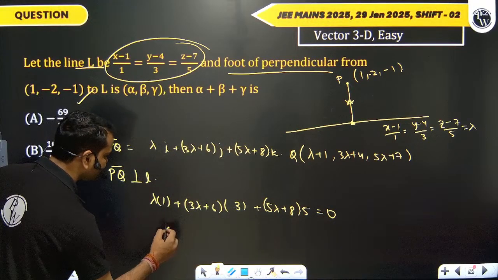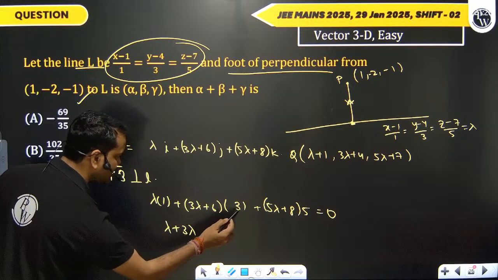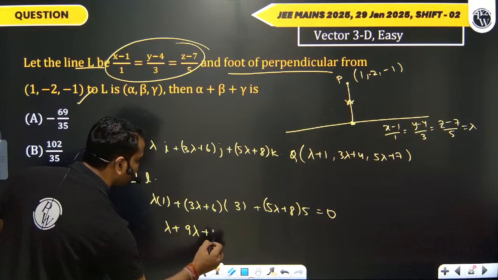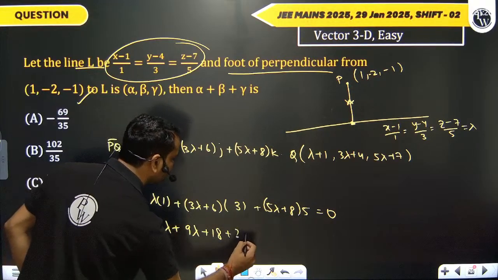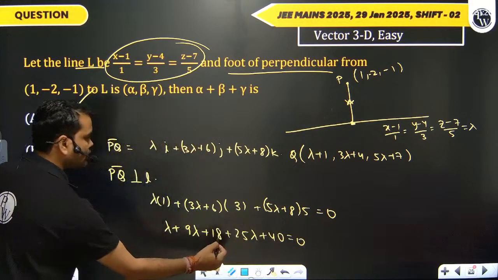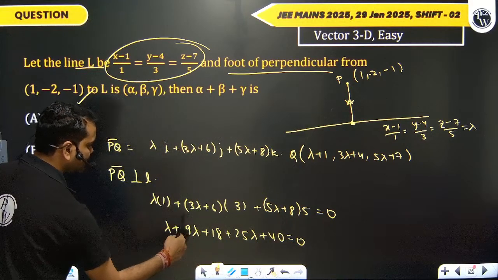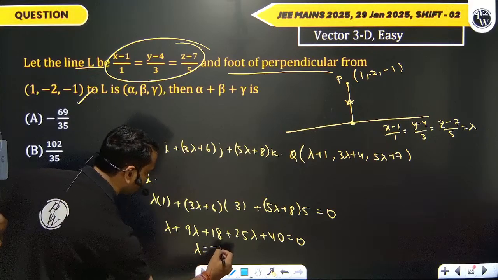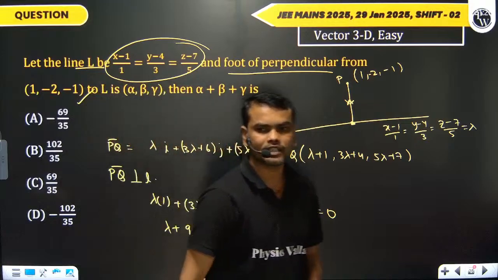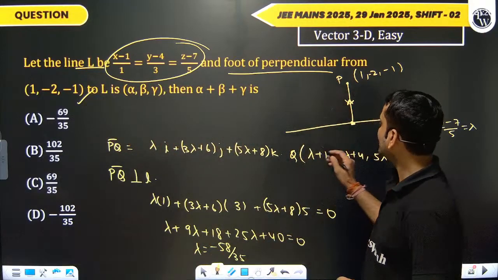It is lambda plus 9 lambda plus 18 plus 25 lambda plus 40 is equal to 0. 35 lambda plus 58 is equal to 0. Lambda is equal to minus 58 by 35. Now you have to get this value alpha beta.